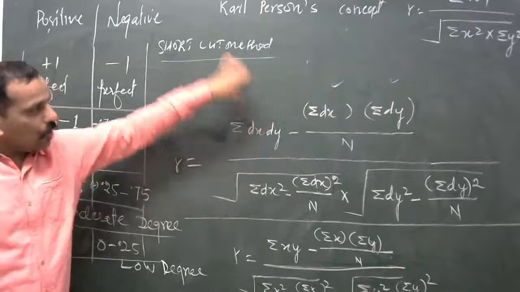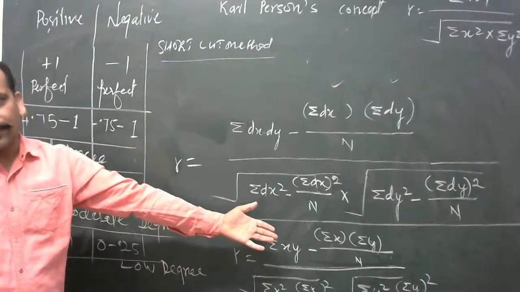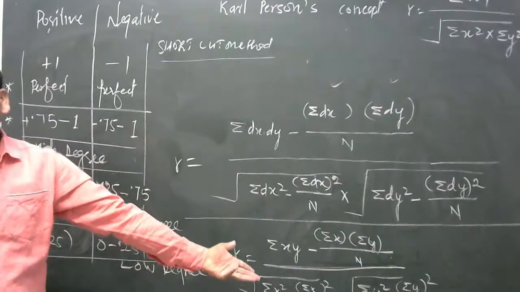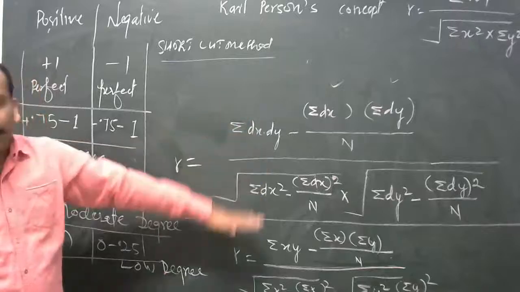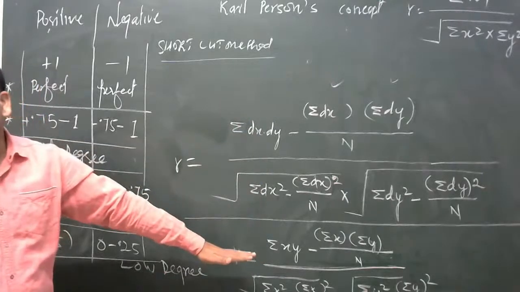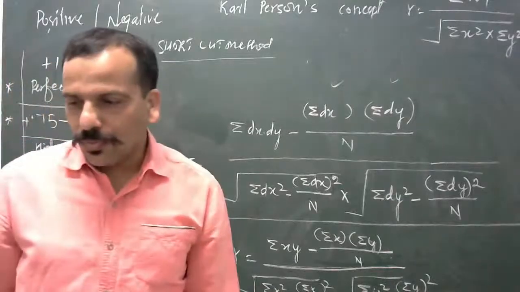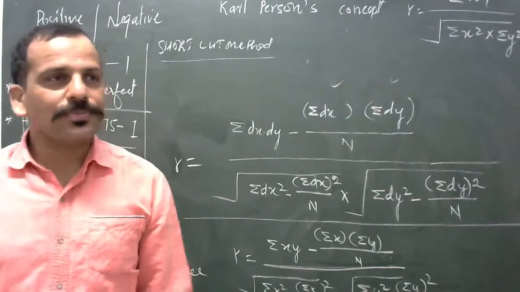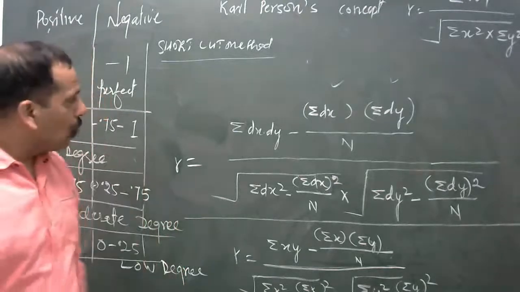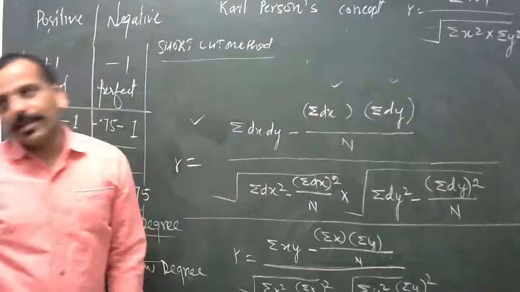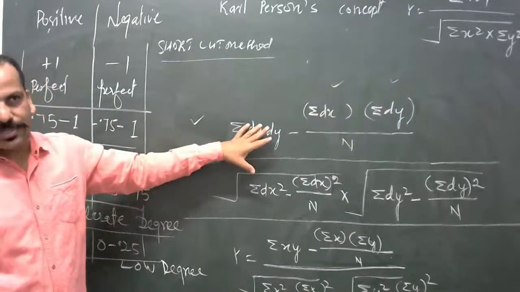Now, if you want to go for this, you have to remember the formula. So the choice is yours. If you want to go with it, then we may take one example and go for a practice numeric.